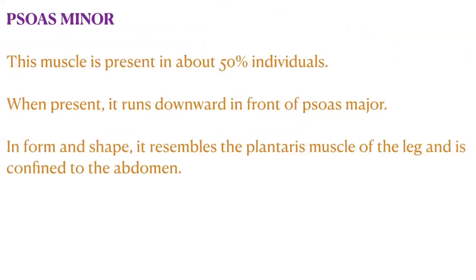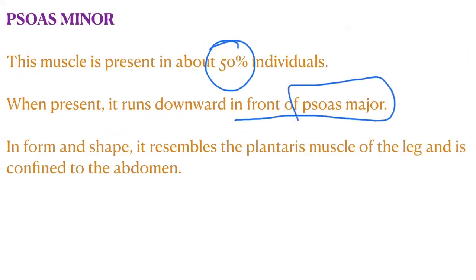Coming to the psoas minor, this muscle is present in only about 50% of the population. When present, it lies downwards in front of the psoas major muscle, right?